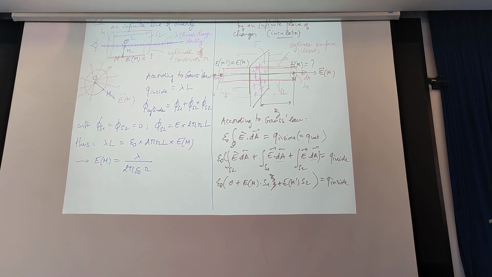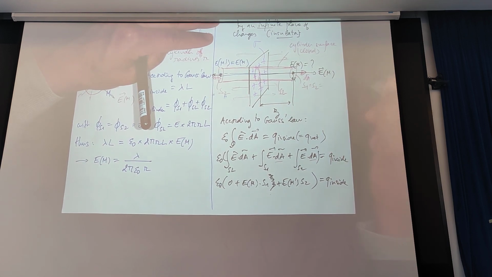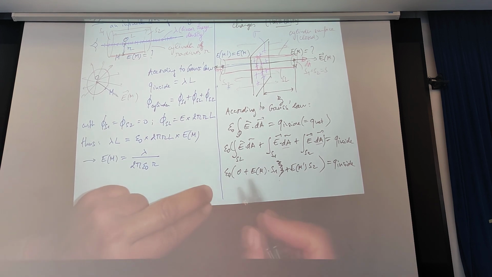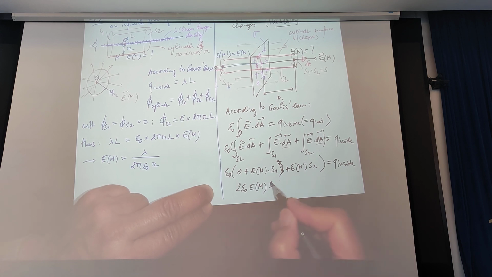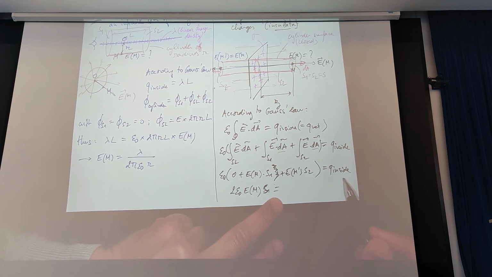Now, S1 equals S2 equals, let's say, S. So now we have 2 epsilon 0, because E at M equals E at M prime, times S, equal to the charge inside the cylinder.